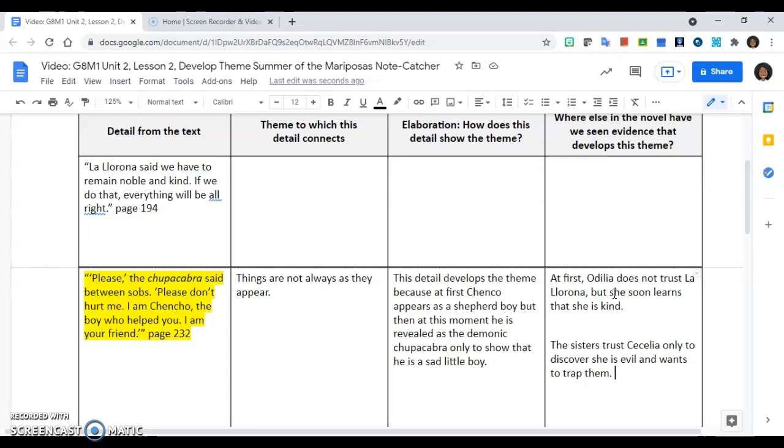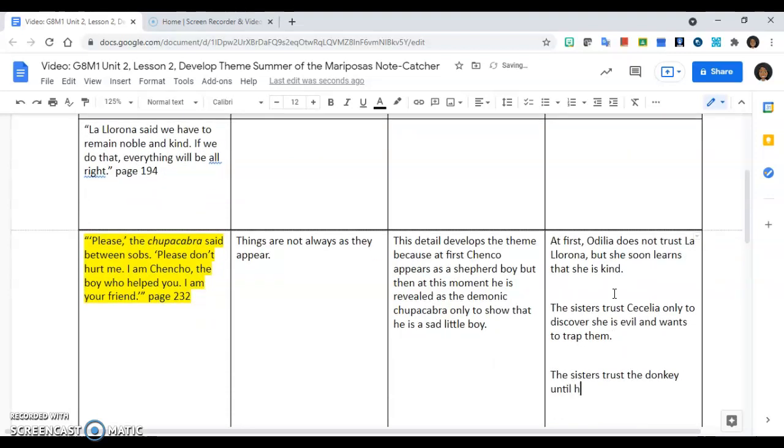Another one was the donkey. Peter is like, I found this talking donkey. And they're like, oh, okay. Odelia's kind of questioning herself, right? The sisters trust the donkey until he transforms or turns into the Nagol.